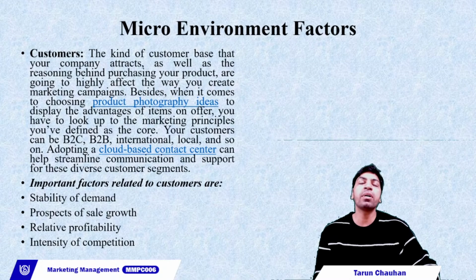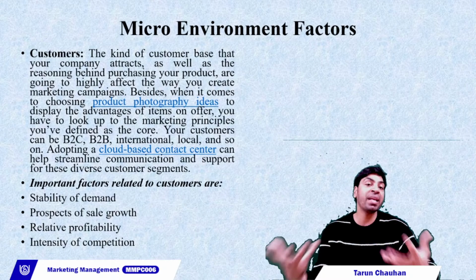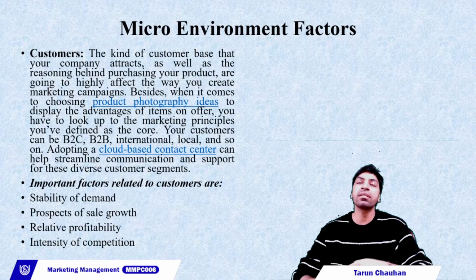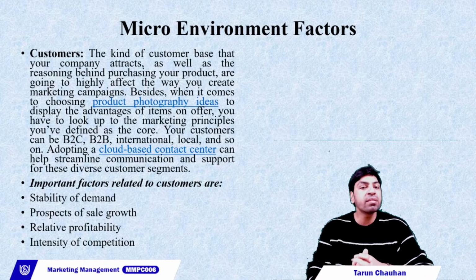So they can come up with a new idea called product photography ideas, where the advantages of the items are displayed on an offer, and this is also one of the marketing principles.